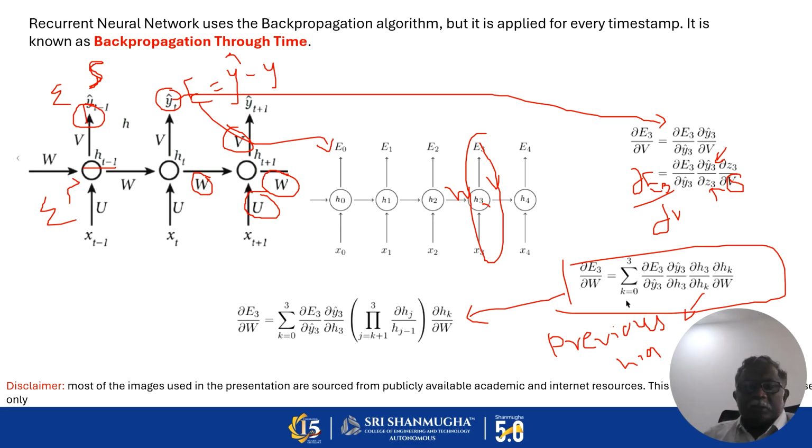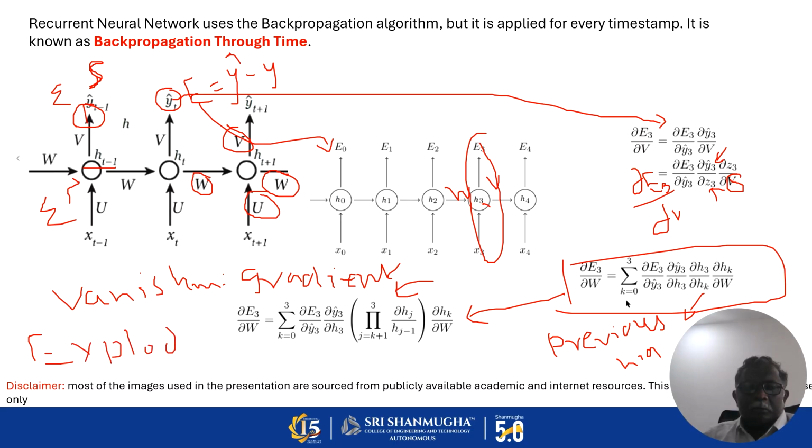Because of this, we may end up with gradient problems, either a vanishing gradient problem or an exploding gradient problem, because we have many gradient terms being multiplied over here. So these are the things we come across.